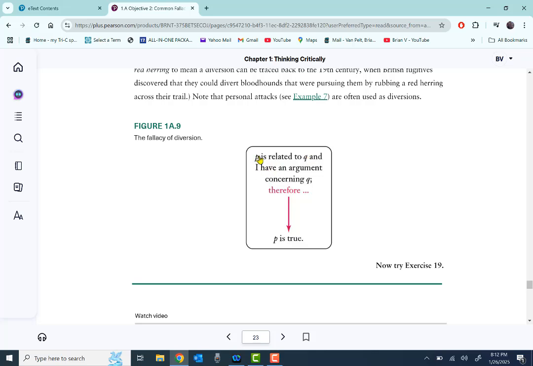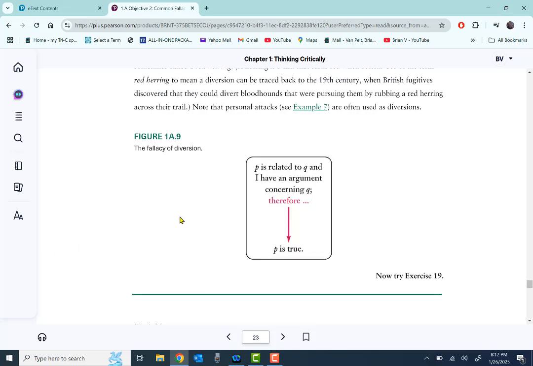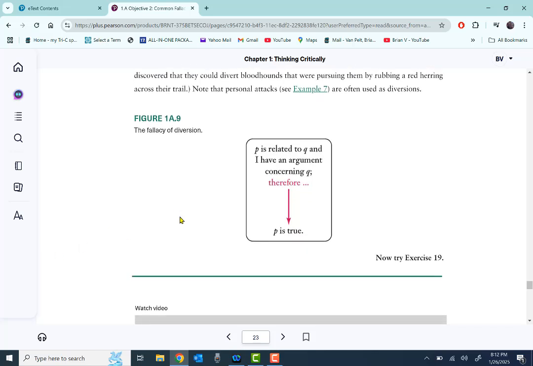So not funding cloning research and ethical issues are related to each other. Therefore, P is true. We do not. And also this Q, there's a little bit more of that Q. That Q has to be something undesirable. So the whole idea is to add sort of an emotional component to the argument with that.